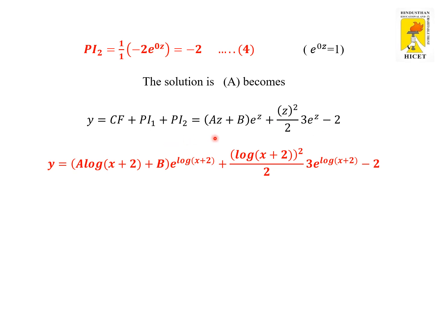So substituting z as log (x plus 2), the solution will become y equal to (a log (x plus 2) plus b) into e power log (x plus 2) plus (log (x plus 2)) squared by 2 into 3 e power log (x plus 2) minus 2. So this is our required solution for the given Legendre type linear equation.